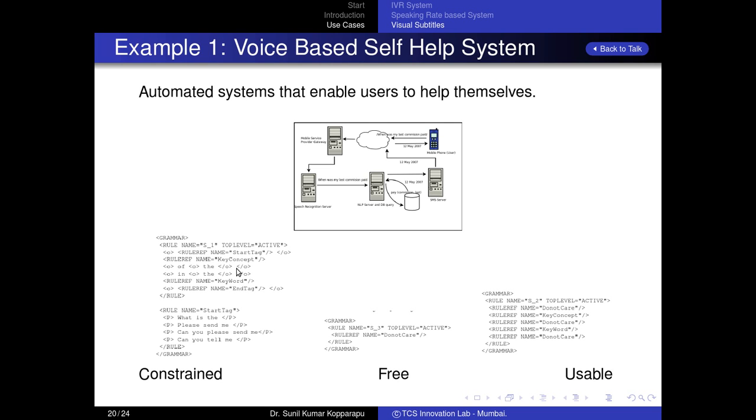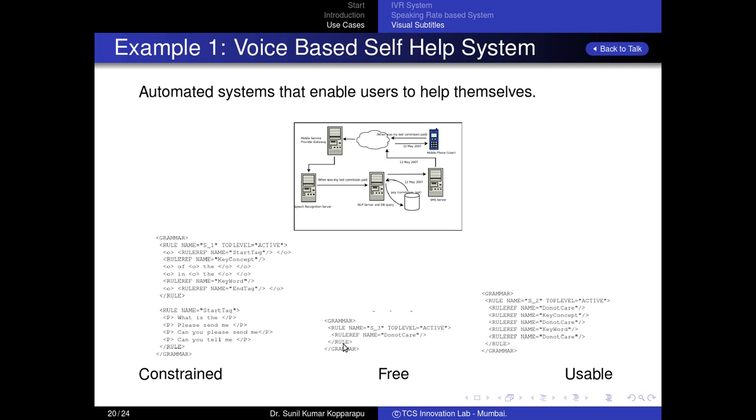So that's a very constrained kind of a scenario. In this constrained environment, the technology works beautifully because it knows what the human is going to ask and accordingly it can respond. On the other hand, one could have a very free kind of a scenario.